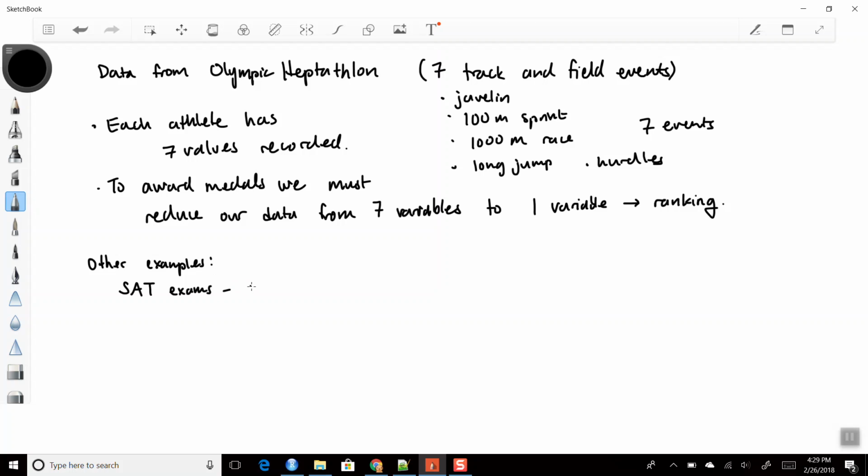There was the verbal, the math, and the writing. You could get 3 different scores, but we also have dimension reduction, and you just have a total score. This is a very simple dimension reduction. We just add the 3 scores together.